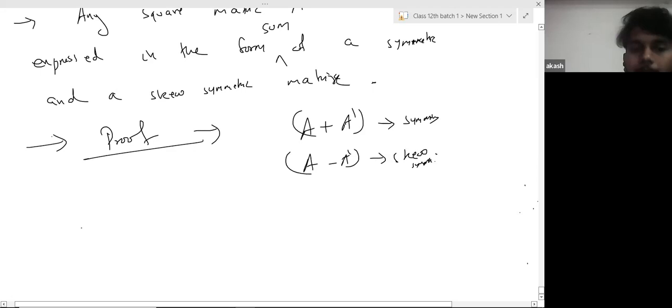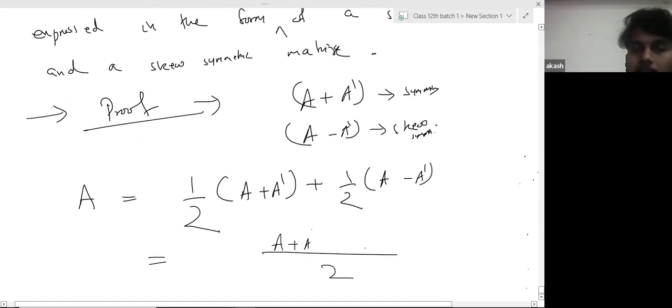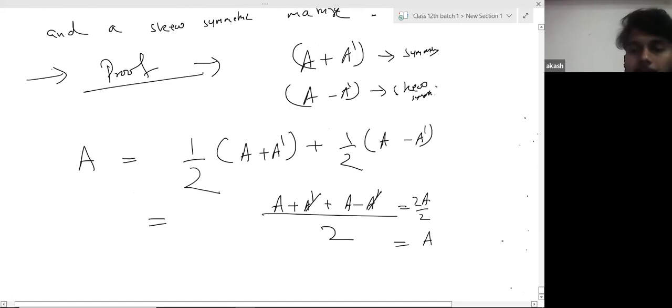You can see if you simplify this, take LCM, here you will get A plus A transpose plus A minus A transpose. A transpose and negative A transpose are cancelled. This is 2A by 2. That means this is A. All right. This is A matrix.